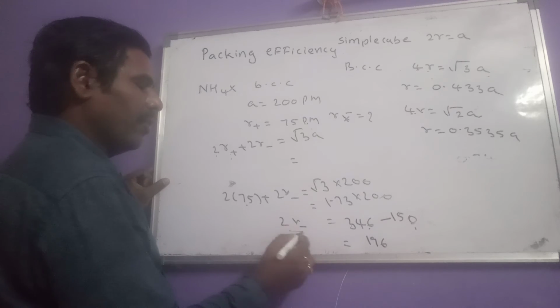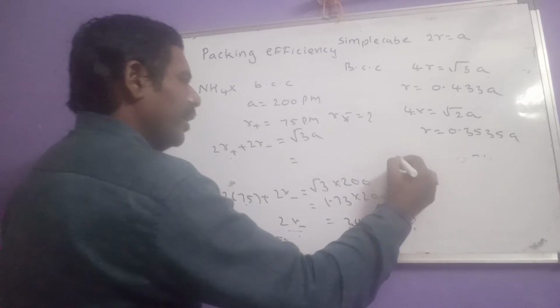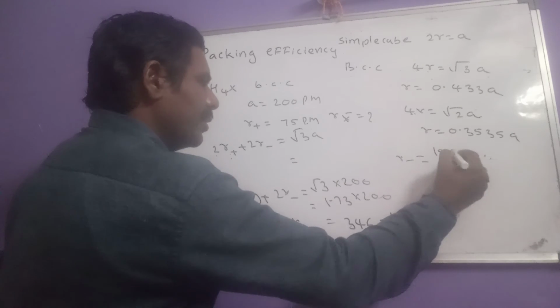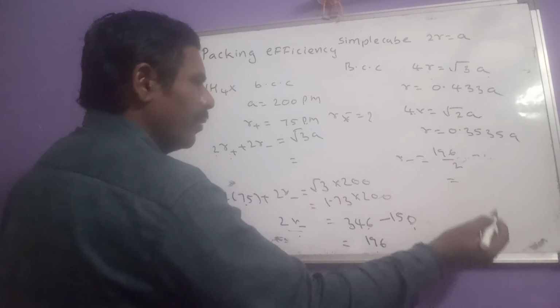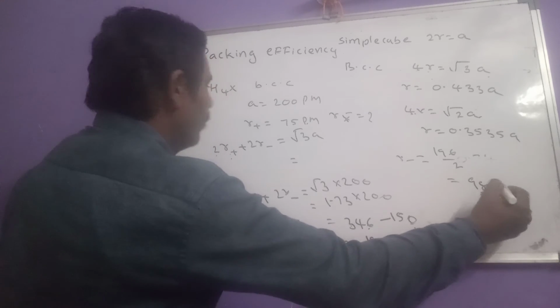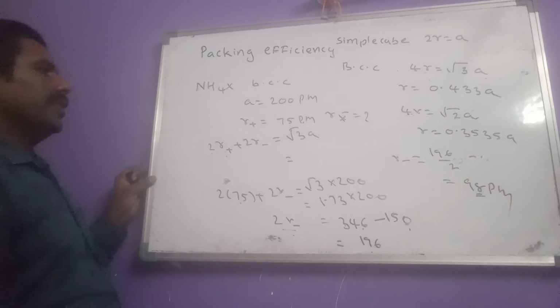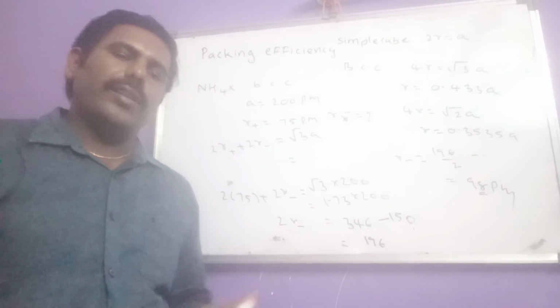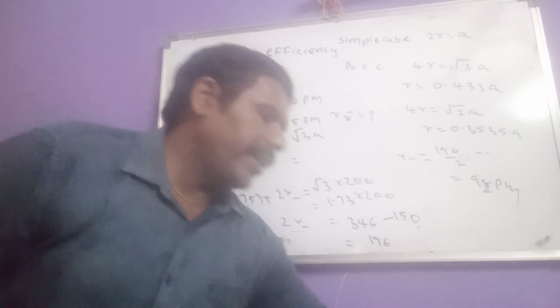This is equal to 2R minus. Therefore R minus equals 196 by 2, which is 98 picometers. So like that we have to calculate the radius of anion using the radius of cation.